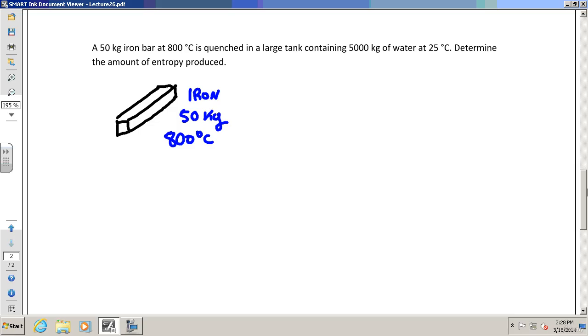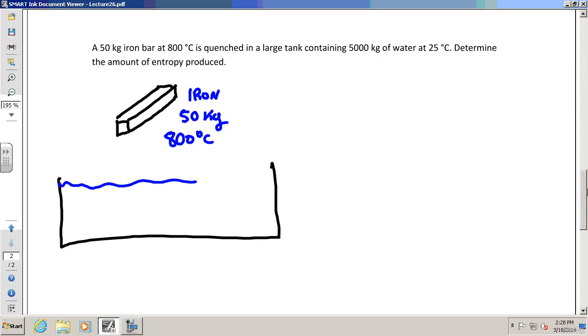And we've got a tank of water. It is 5,000 kilograms, and initially at 25 degrees Celsius. And it says to determine the amount of entropy produced. That's also called entropy generated.